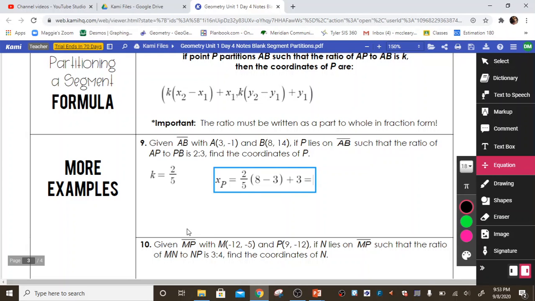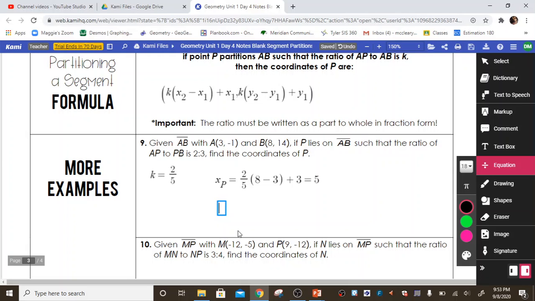Okay, and then just make sure your order of operations is correct. So 8 minus 3 is 5, 2/5 times 5 is 2, and then plus 3 makes it a 5 again. So our x sub p, which means just the x coordinate of point P, is going to be 5.